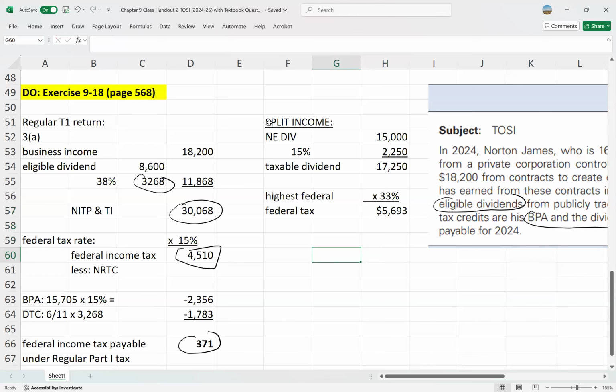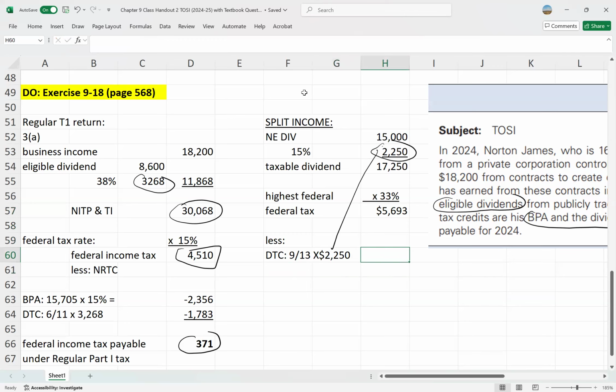On the split income calculation, they will just get the dividend tax credit. And for non-eligible dividends, this will be 9/13 of the gross up. And the gross up again was 2,250. That's right up here.